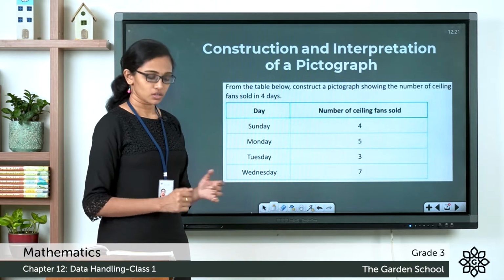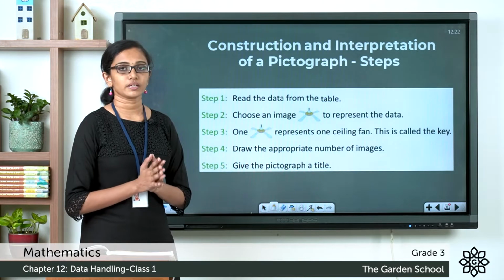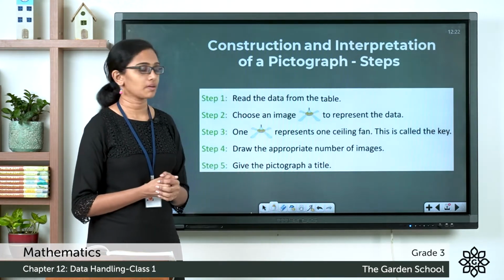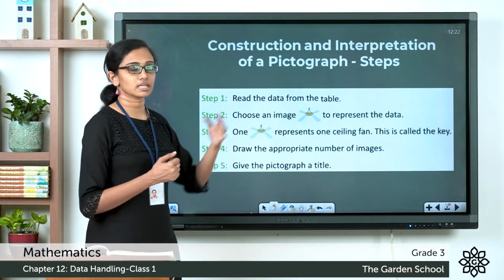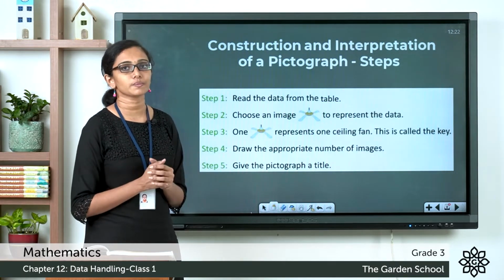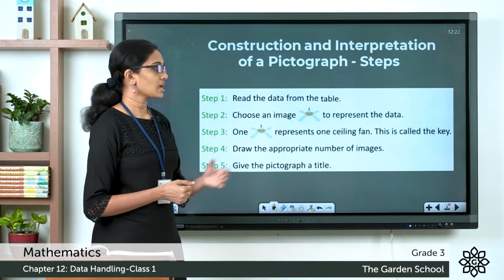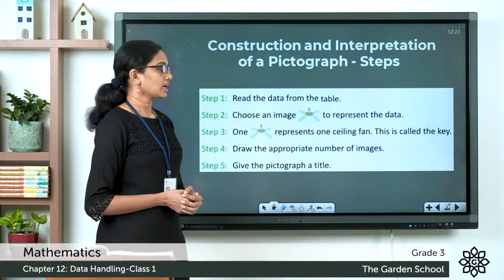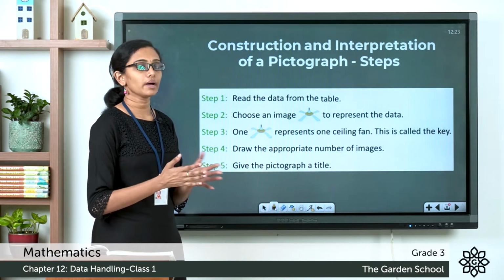Let's see how. The first step of constructing a pictograph is to read the data from the table. We have already read the data from the table. The next step is to choose an image to represent the data, which means we have to choose a picture to use as the symbol of the pictograph. Since we are depicting the sales of ceiling fans, we have chosen the image of a fan. The next step is to form a key.